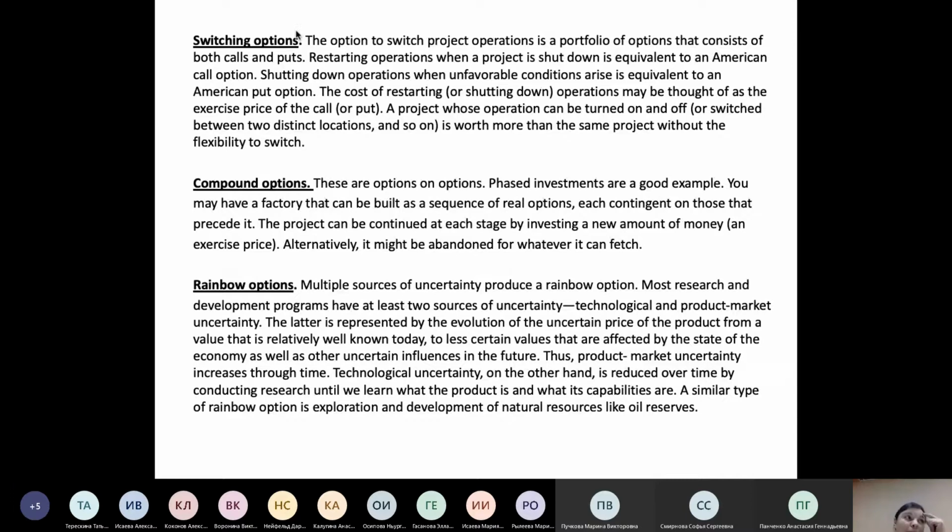And now let's think about the models. How could we evaluate, how could we estimate the value of this flexibility? How could we find the value of our flexibility? There are two main models of finding the value of our real options.